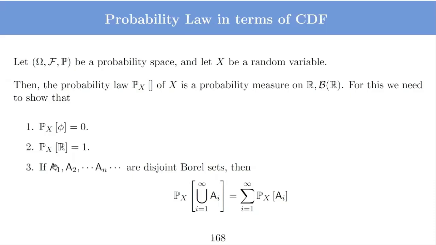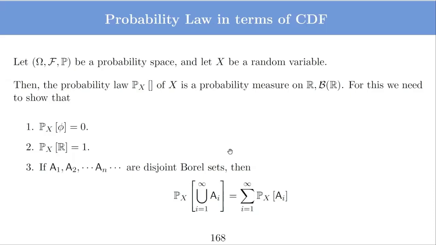The third property: let A1, A2, ..., An be disjoint Borel sets, then the probability law of the countable union of the Ai's is equal to the summation of the probability law of the individual Ai's. For this, you have to write a similar argument. You can first think from the A1 and A2 perspective.